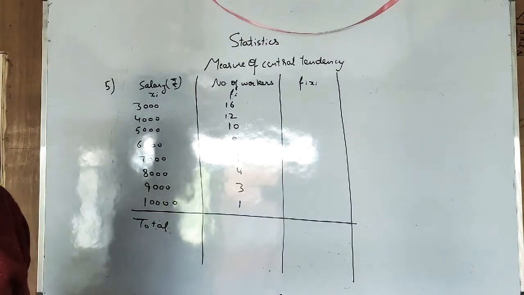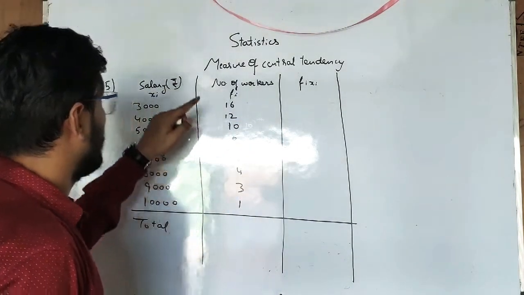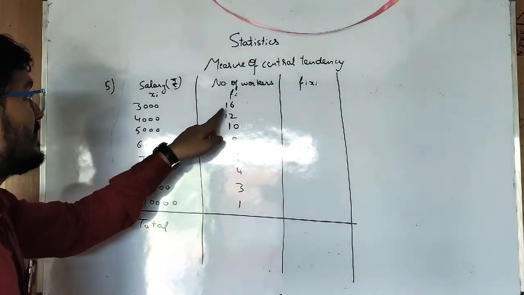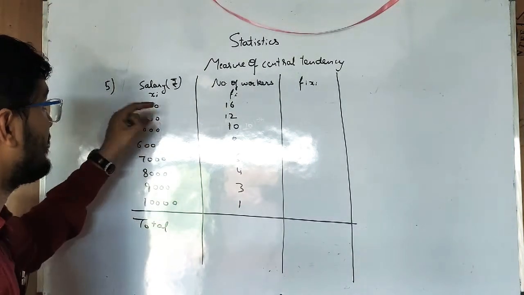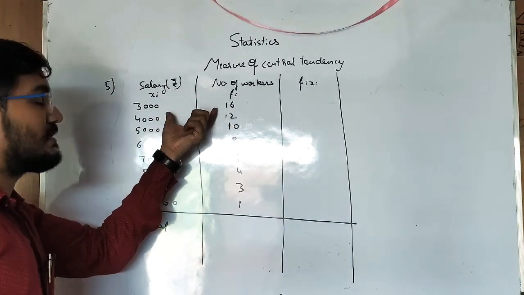Now, as I described at the starting of the video, number of workers having 3000 salaries is 16. 16 number of workers are there having 3000 salaries. So how many total from this we are going to get?